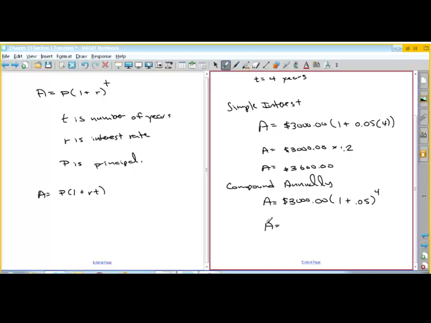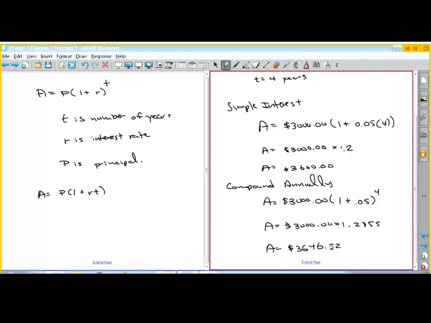We take 1.05 raised to the fourth power, and that comes out to be 1.2155, which is greater than 1.2. And so we get $3,646.52. So we get $46.52 more, which, to start off with, doesn't seem like a huge amount of difference.